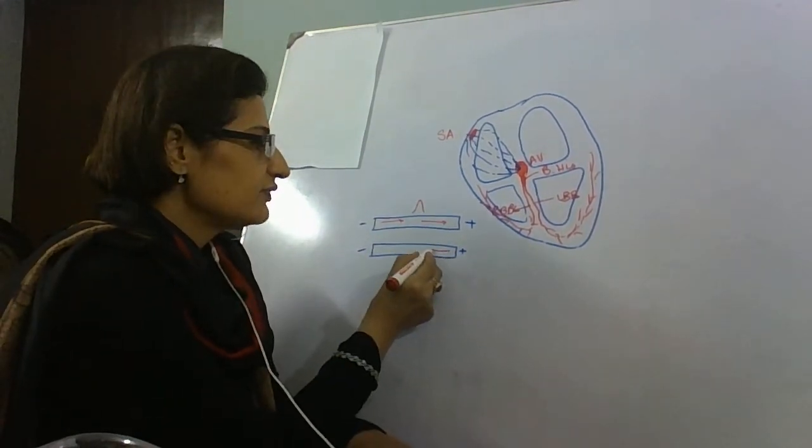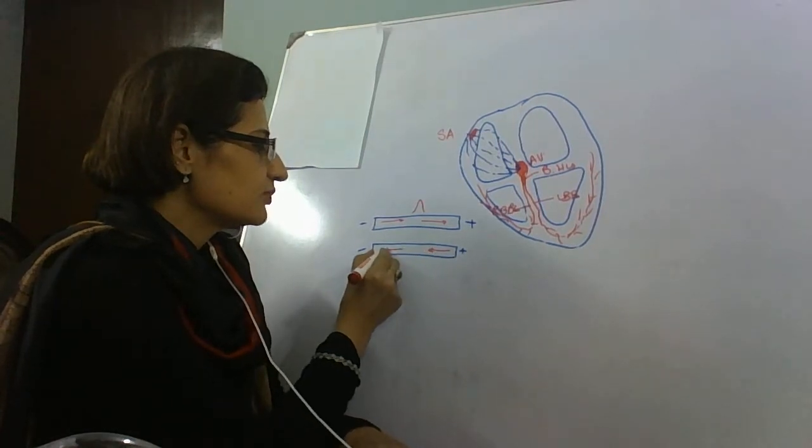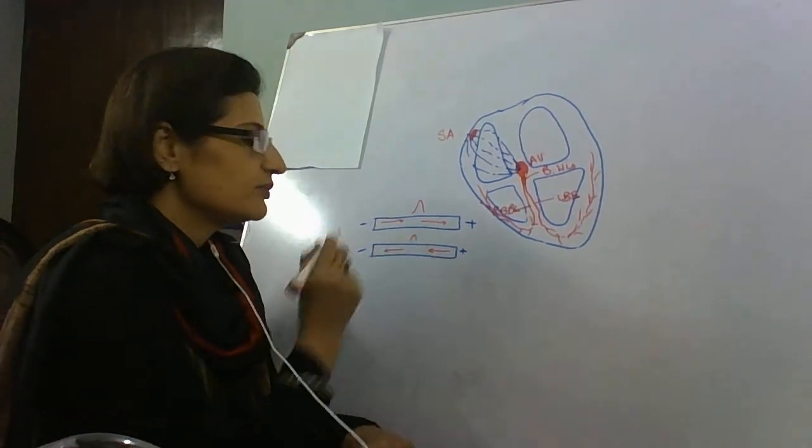And if it is away from the positive pole, the deflection would be a negative one.